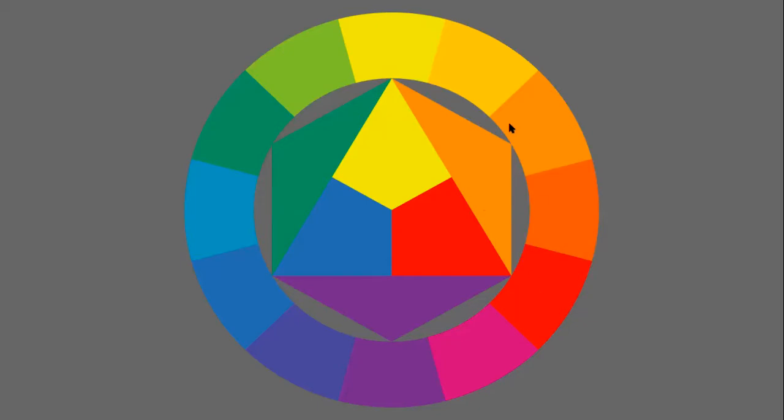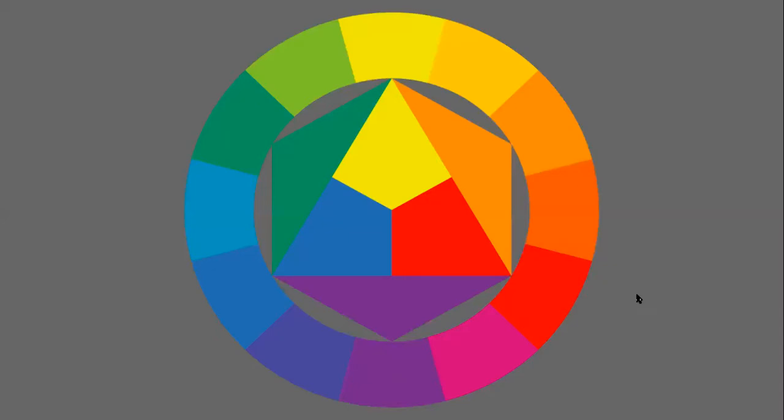Okay. So this is the traditional color wheel, and my guess is that if people have been exposed to the color wheel either before college or sometime in college, this is probably the color wheel you were exposed to. And again, we're going to refer to these as the traditional color primaries.